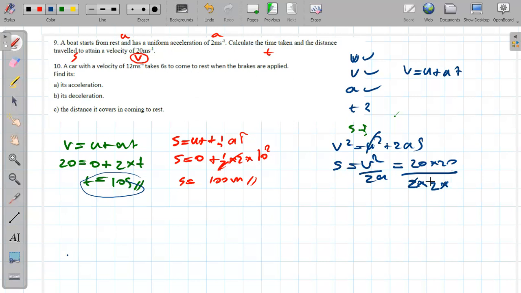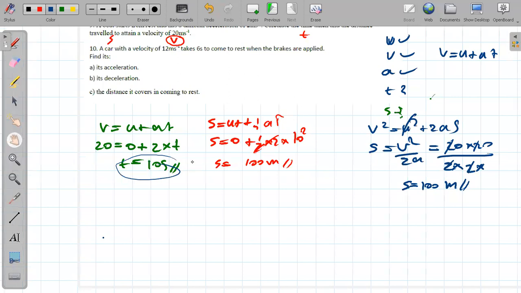So 10, 2 and 2 cancel off, and 10 times 10 is again a displacement of 100 meters. I told you not to use the earlier value because if your previous answer is wrong, you may get this answer wrong also. But here you have all the options to use correctly.